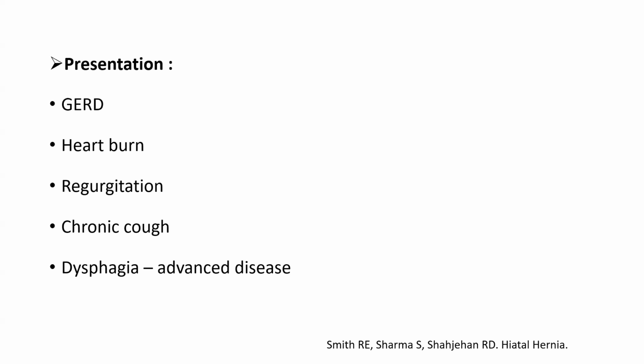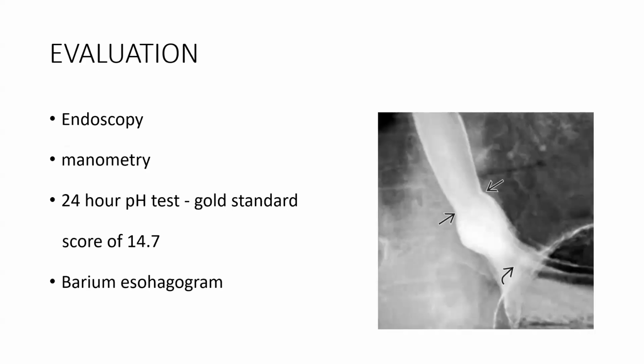Continue. Coming to evaluation, endoscopy is an essential step in evaluating gastroesophageal reflux disease and suspected hiatus hernia patients. Manometry also rules out primary motility disorders such as achalasia, which can mimic reflux symptoms.